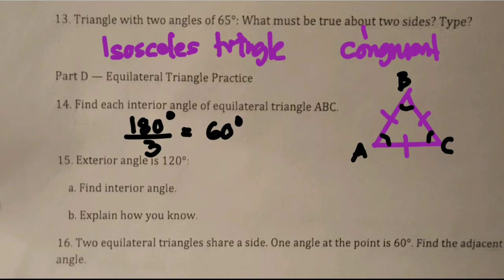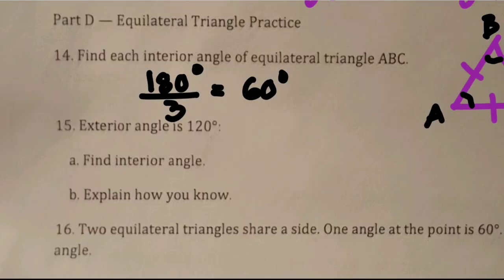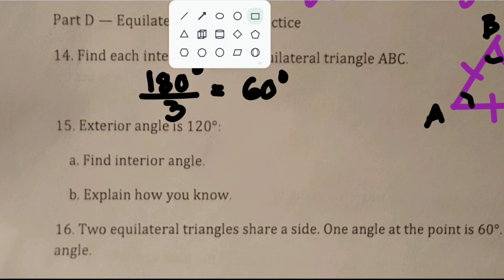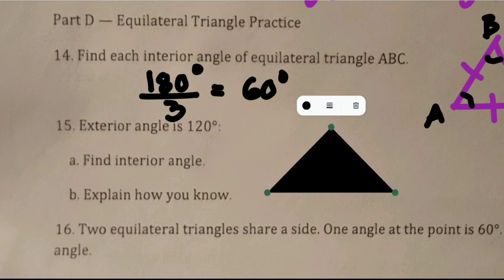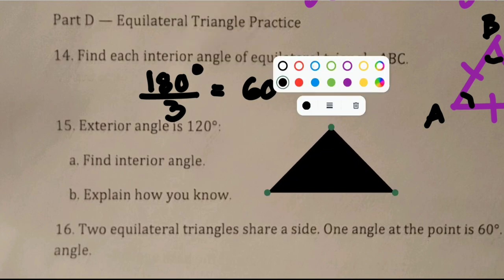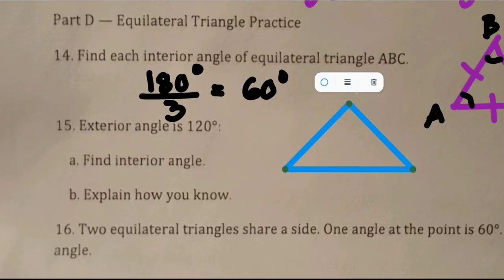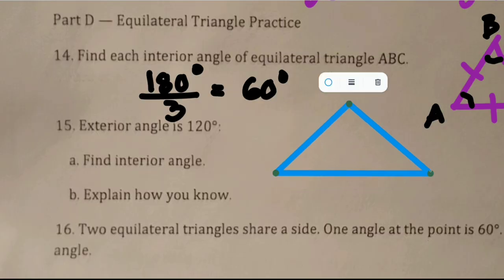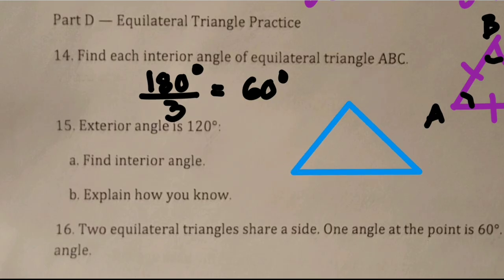Okay, we're on number 14. You got that? Okay, then for 15, exterior angle is 120 degrees. So let's say you have to draw, or just imagine it if you can. Let's say this is our triangle. It says exterior angle is 120 degrees.